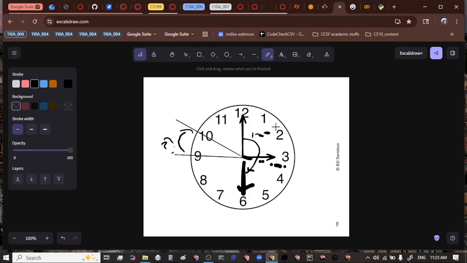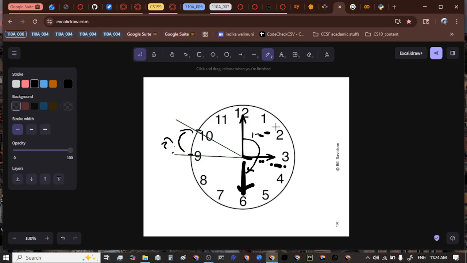My question is this: what is this angle? If I join 10 to the center and 9 to the center, like there's a tick mark over here, and if I join those two lines, there's an angle over here. This angle is 30, right?